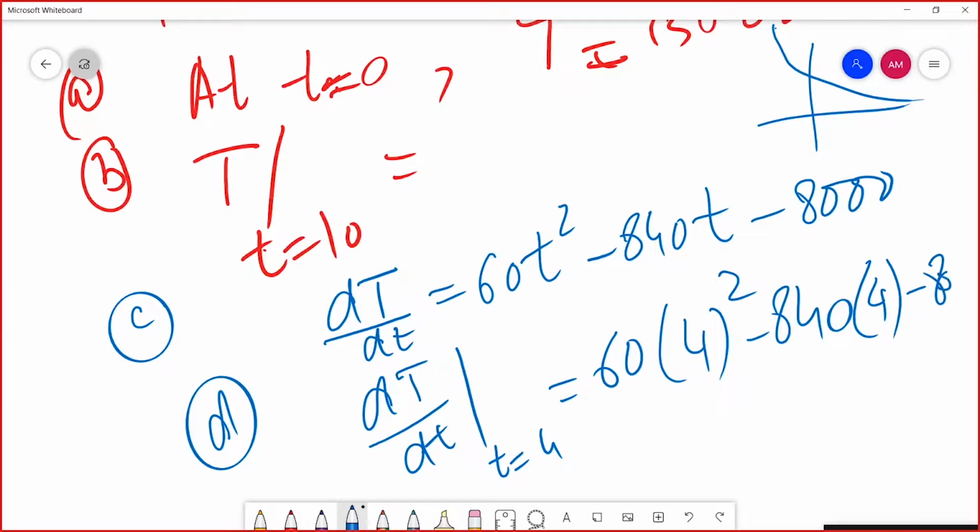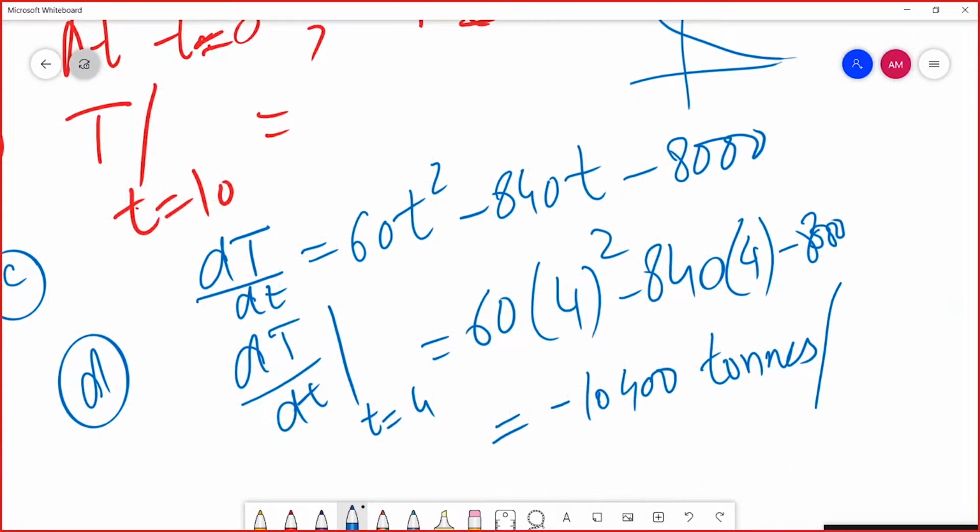Just use your class pad. It would be how much? Negative 10,400. Okay, tons, and the unit should be per year. Why per year? If you see, t is in years, so it is decreasing minus 10,400 tons per year. Is it good? Yep.